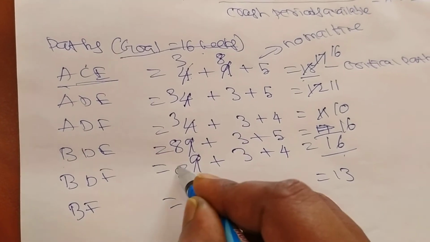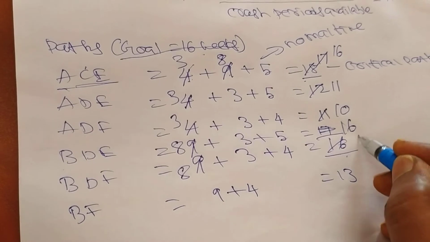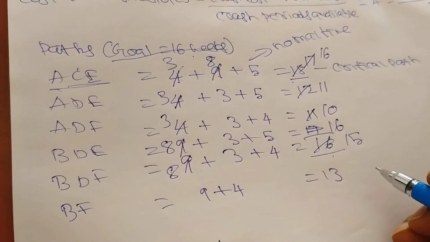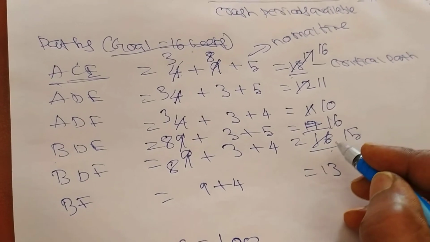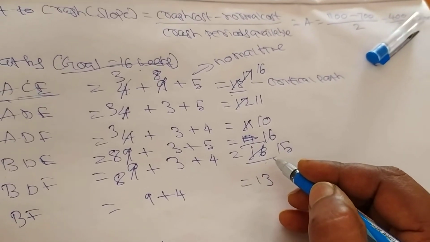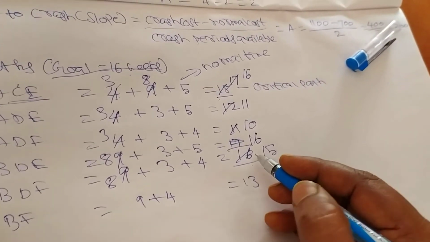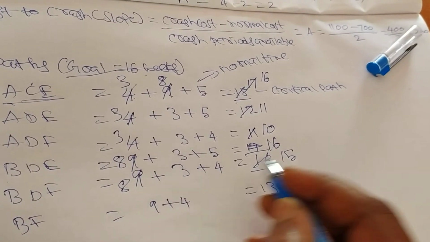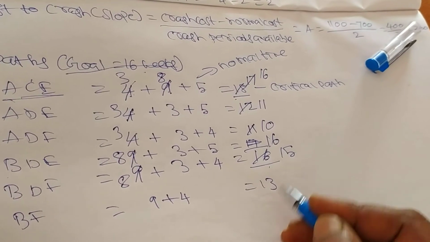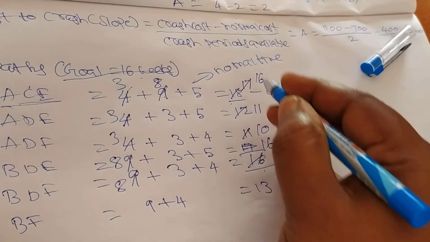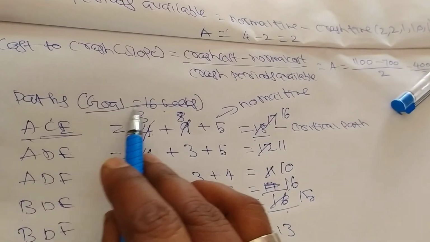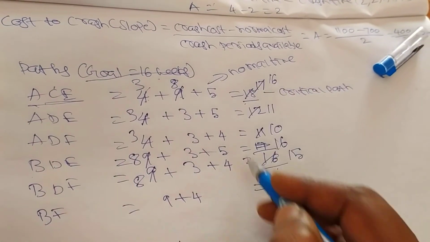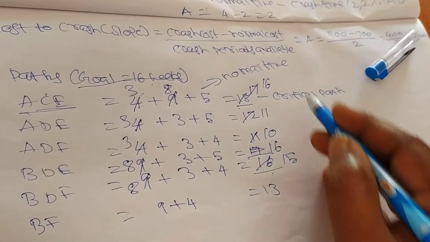So 8, and here also 15. Clear? Already it is in the achieved weeks, but we have to reduce this B. So it comes to 15. So others are achieved within the achieved week, because the goal is 16 weeks. So we achieved all the paths within the goal.